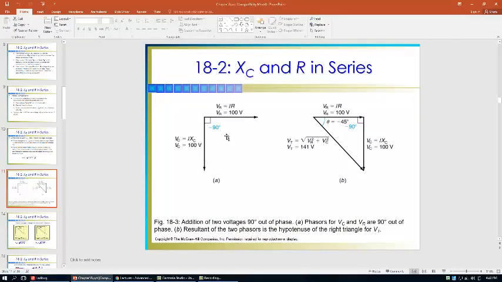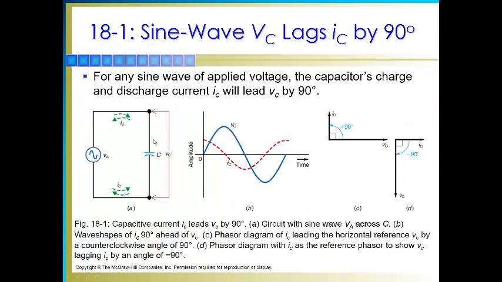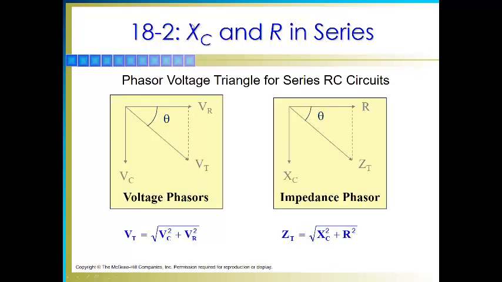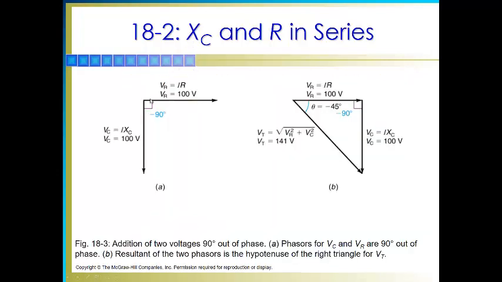Now let's look at this example right here. We have a circuit that has a resistor and also has a capacitor in it, okay? So on this one right here, this represents the voltage across the resistor, and it's 100 volts.